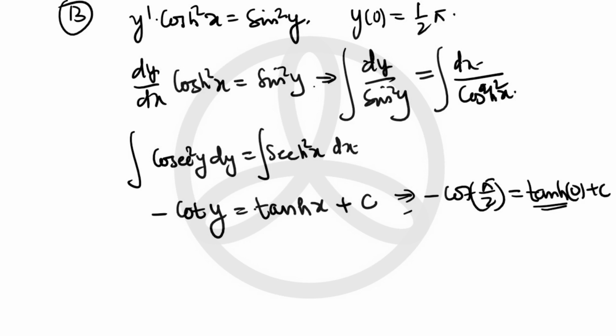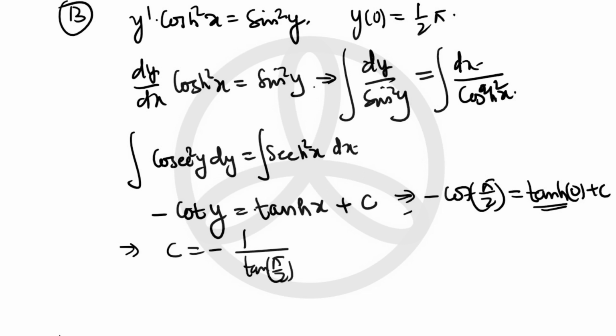Tanh 0 is nothing but 0, and cot pi by 2 is 1 by tan pi by 2, and at pi by 2 tan is infinity, and 1 by infinity is 0, so we get c is equal to 0. Therefore our solution is cot y equals minus tanh x.